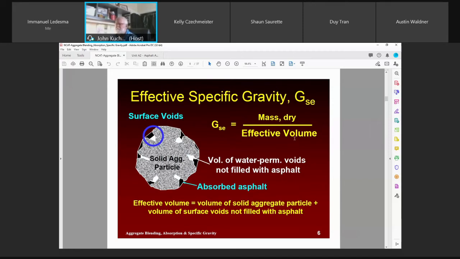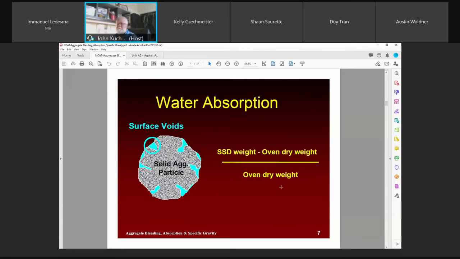What's the effective volume? It's the volume of solid particles plus the volume of these surface voids not filled with asphalt. So it's these white ones. Okay? That's the effective specific gravity, because it's going to have a bearing on our calculations.